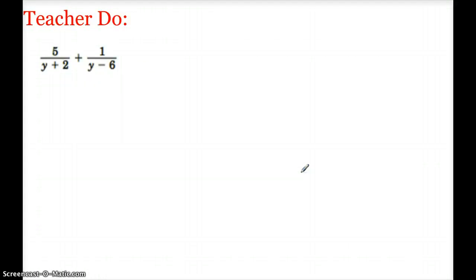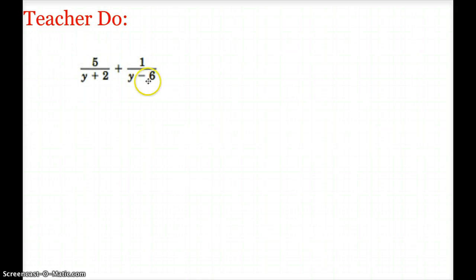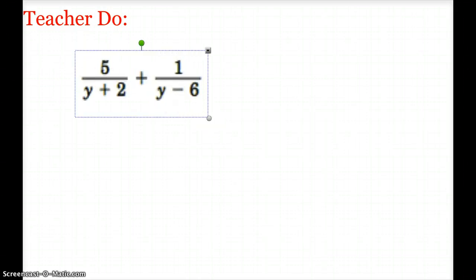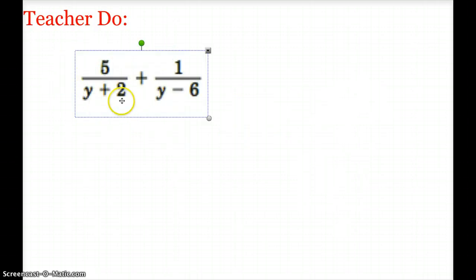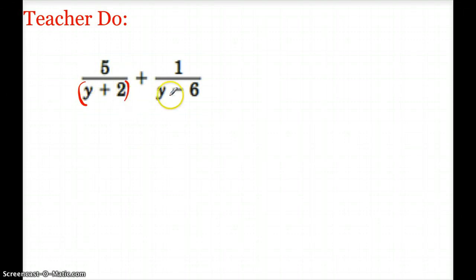Okay, now this one is tricky. In the last item, we only had to multiply one side by an item. I only had to multiply this side by a 4 over 4. Here, remember this y plus 2 represents one number. I can't multiply just by a 6 or a negative 4 or whatever it is to get a 6 or a 3. I have to multiply by the entire number.